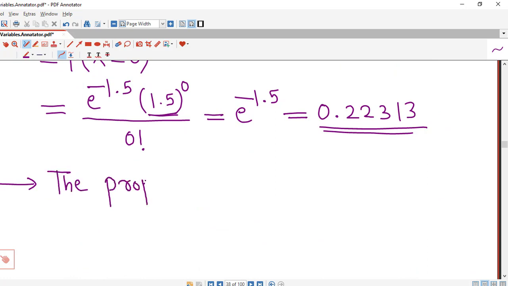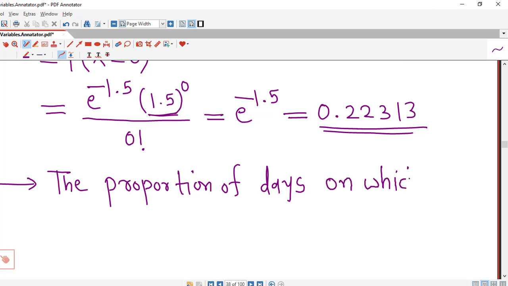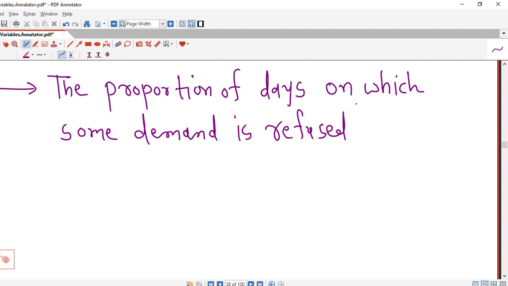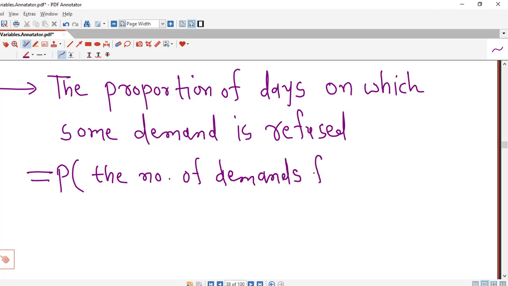The proportion of days on which some demand is refused is equivalent to the probability that the number of demands for a car is more than 2.